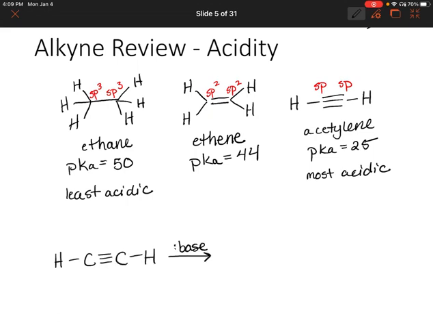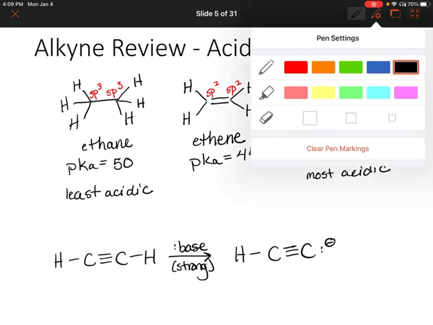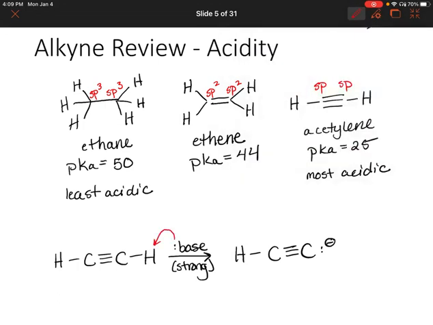Okay, so we got some sort of base, and it should be a strong base. So the base comes in, and it grabs that proton, and the proton leaves behind its shared electrons. And again, we need a really strong base in order to do this.